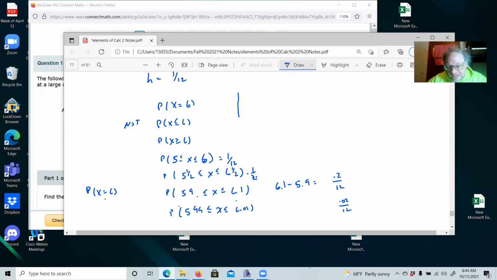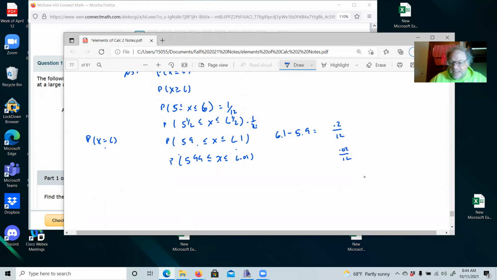Anybody who's looking at this thinking you shouldn't have decimals and fractions in the same statement, you're right. This bothers me to look at it, but we're not trying to do a calculation. We're just trying to demonstrate a point here. No matter how close I get, it's not going to be quite the same, is it? And this is going to get smaller and smaller and smaller.